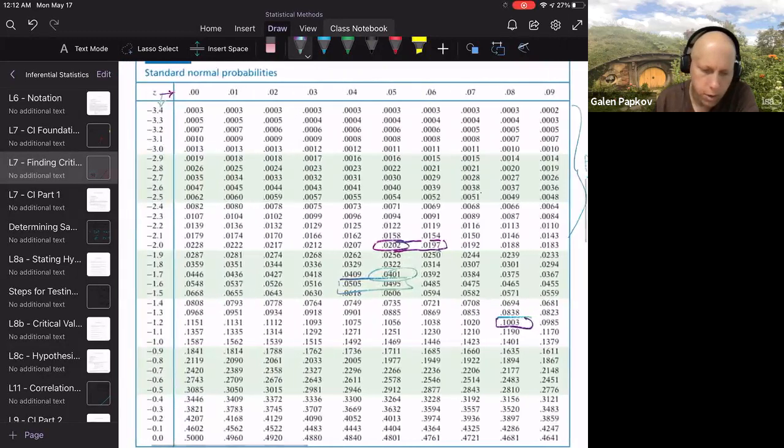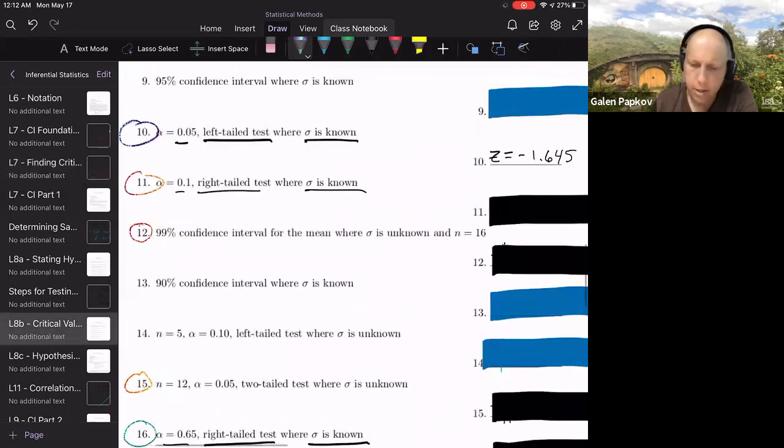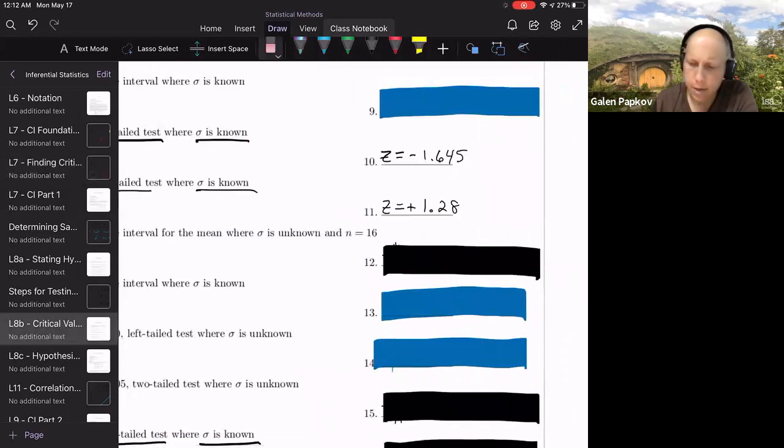But this is a right-tailed test, which means I want the positive side only. And so I write positive 1.28. You can see that there's some thought going on here. Don't just take the value that you literally find in the table. Think about whether you want the positive side, the negative side, or both.